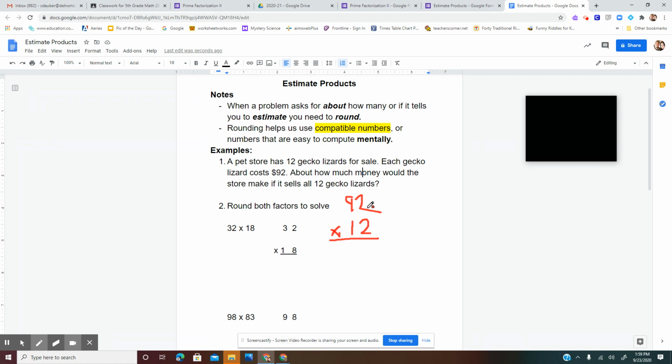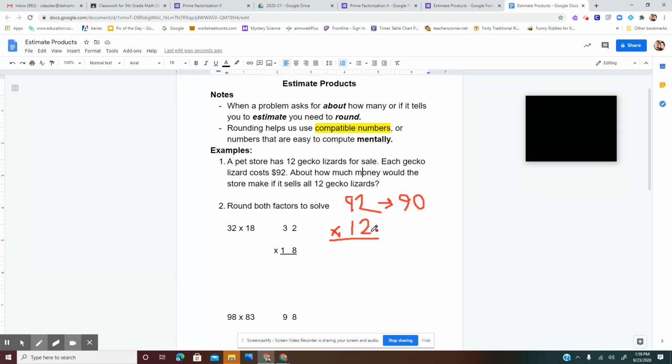We could go backwards to 90, or we could go forwards to 100. So we think, what is it closer to, 90 or 100? Well, 92 is only 2 away from 90, but it's 8 away from 100. Therefore, it's closer to 90, so we round it to 90.